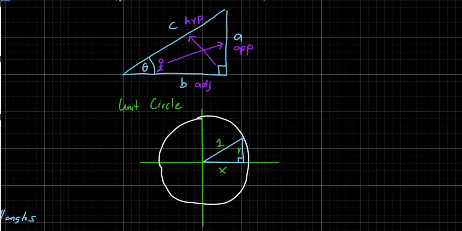Okay. I want you to give me sine. If this is theta right here, this is my angle. This is my initial side, this is my terminal side. So we have theta. I want you to give me the sine, cosine, and tangent of theta.